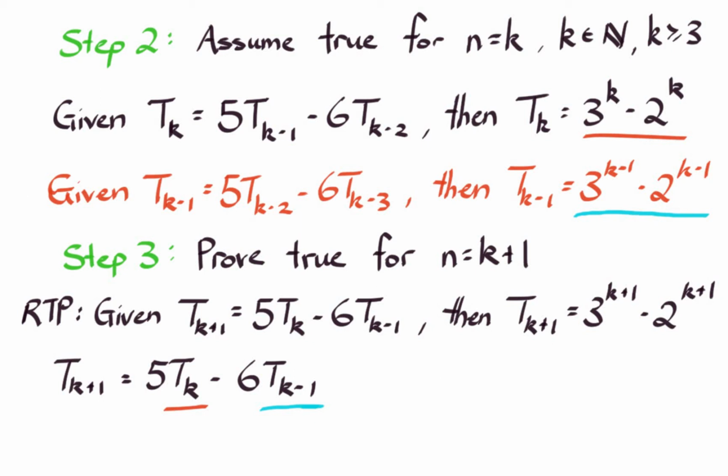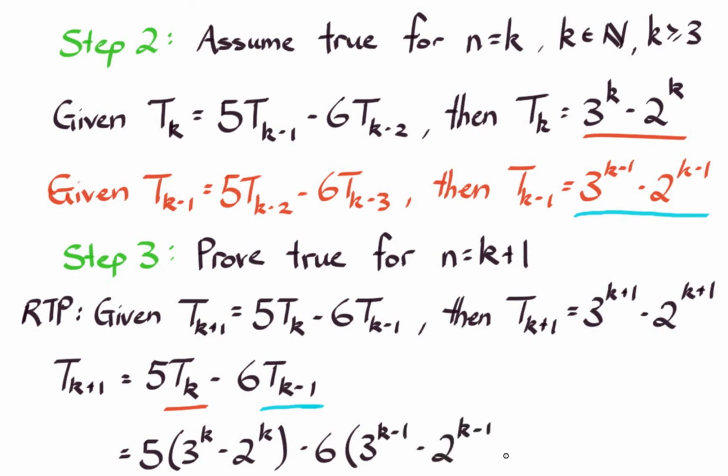Alright, so let's get back into step 3 now, and let's make those appropriate substitutions. So we have 5 lots of t k, which is 3 to the power of k minus 2 to the power of k. And then we can also do our second substitution, where we replace t k minus 1 with this 3 to the power of k minus 1, take away 2 to the power of k minus 1.